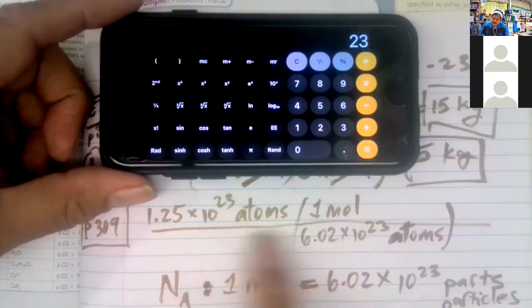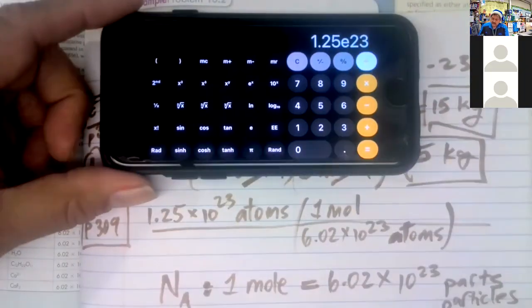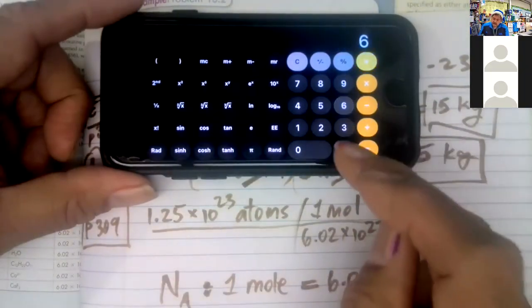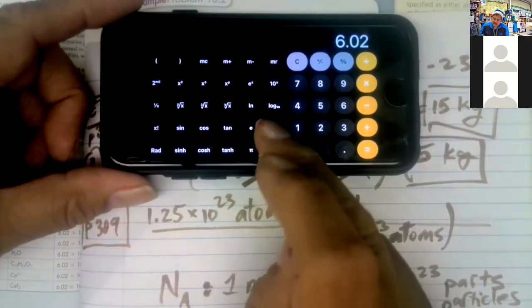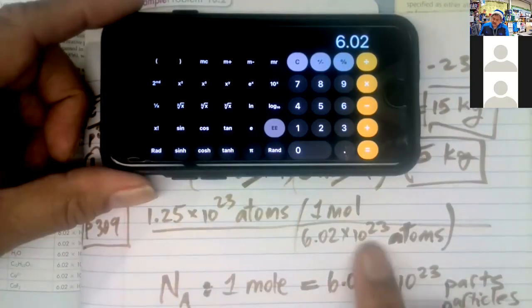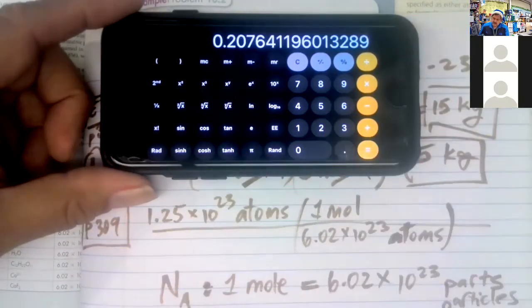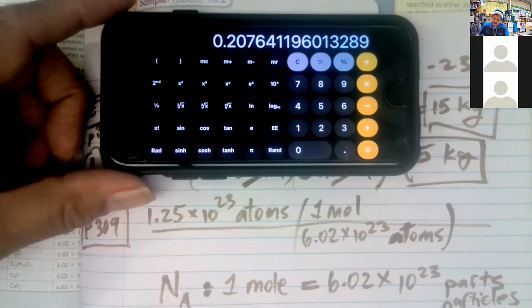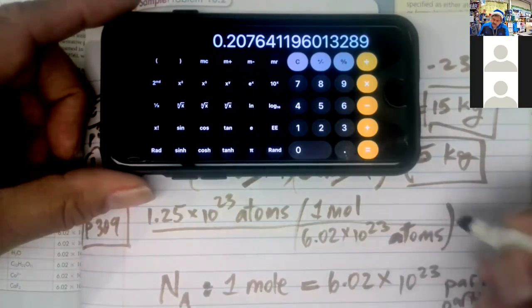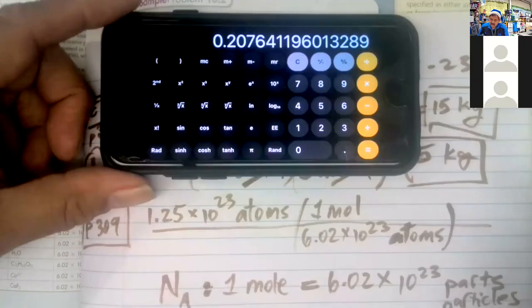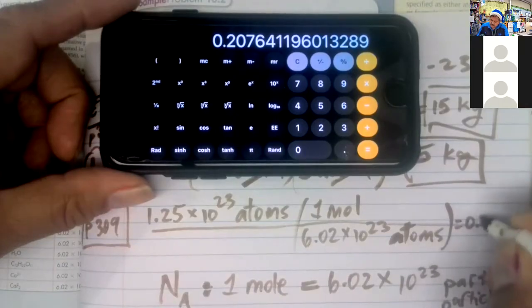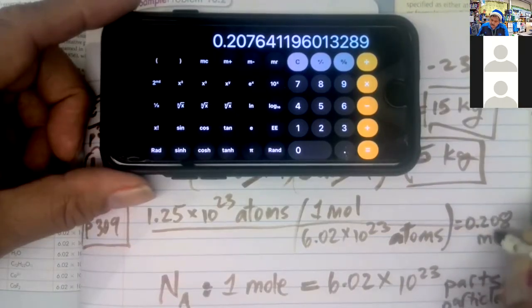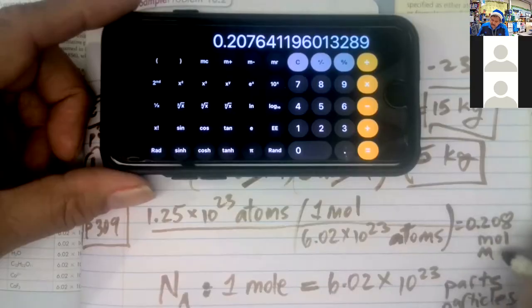We're going to take that number and divide it by 6.02 times 10, EE times 10 to the 23rd equals that, and that's your answer. Your answer is going to be, and there's 3 sig figs, so I'm going to say 0.208, 0.208 moles of magnesium.